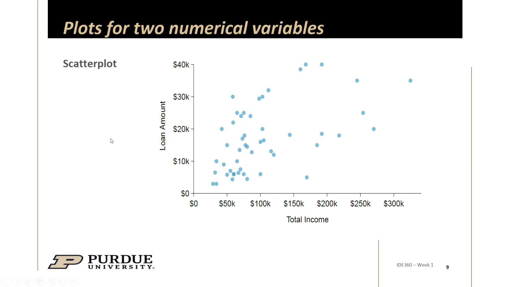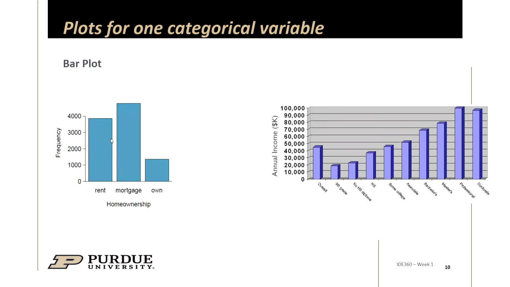from a lender. So when we switch gears to plots for one categorical variable, make sure that you pay attention to the bottom of the x-axis. In this case, we have a bar plot because these are categories, even though the y-axis is still frequencies, just as in a histogram. So here we have another example. Here are different classes or different groups for school preparation, and then the y-axis is annual income reported.